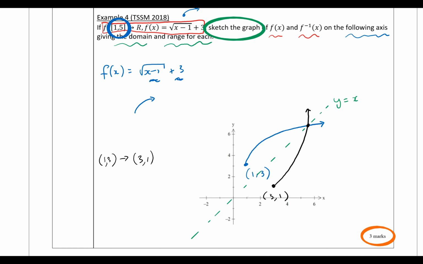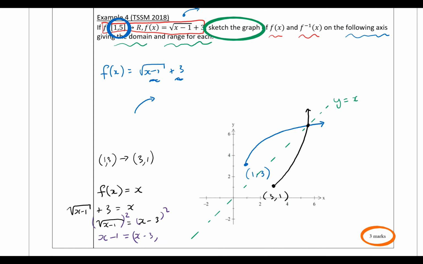So the last question is, how do I get that point of intersection? Well, I can find the point of intersection by letting f(x) equal x. So the square root of x minus 1, plus 3, equals x. If I bring the 3 over, the square root of x minus 1 equals x minus 3. And if I now square both sides, then x minus 1 equals (x minus 3) squared.